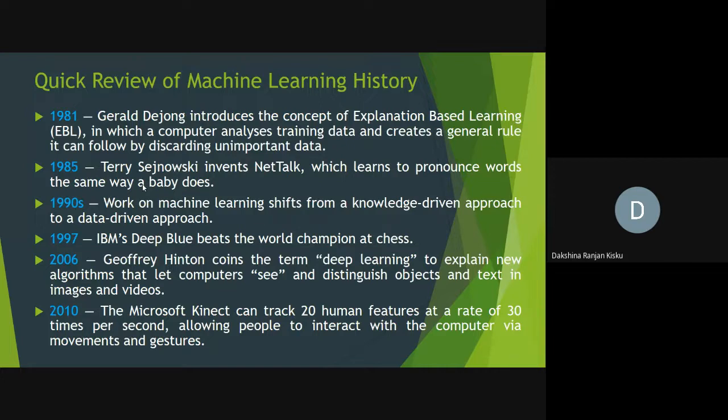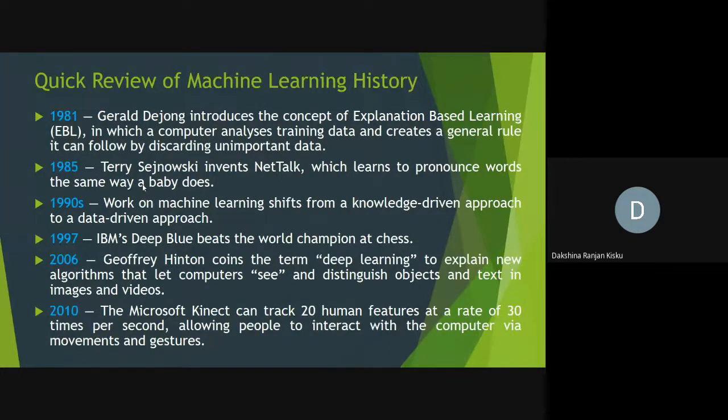Previously it was introduced in a different way, but what Geoffrey Hinton did was first design such a neural network, which is called deep learning. These deep learning algorithms are able to explain how computers see or distinguish objects and text in images and videos.